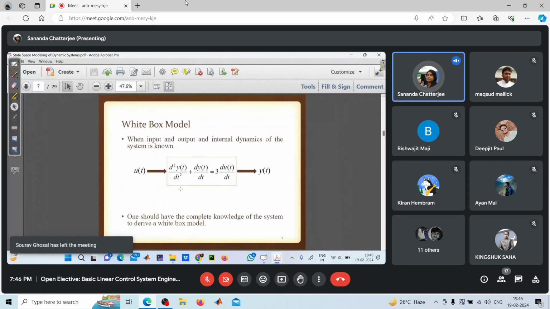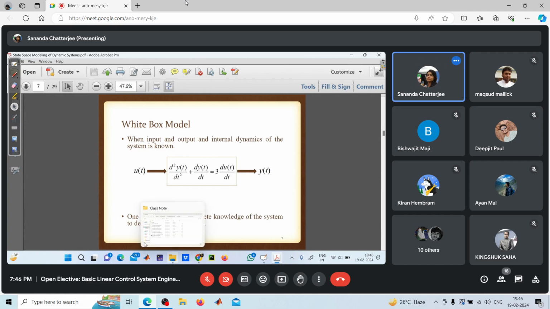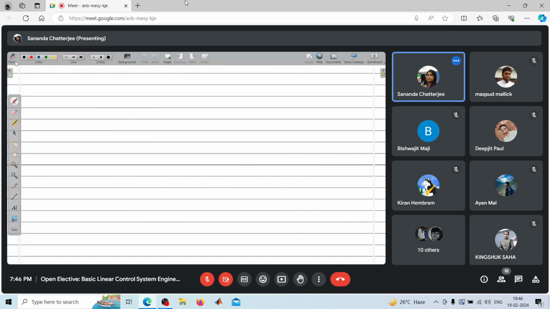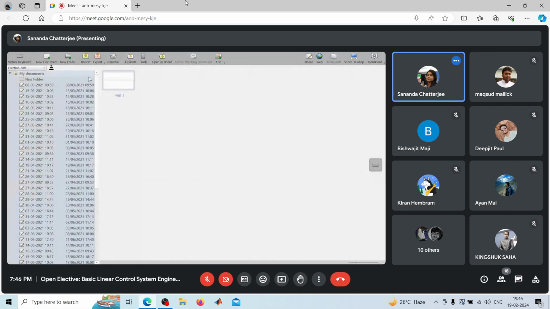Okay, so in the last class, when we took this spring mass damper system example, we knew the components of the system, that is the spring, mass, and damper involved. We exactly knew the components, their interconnection, everything.